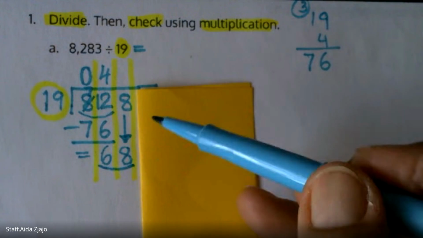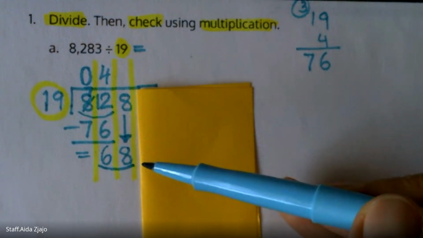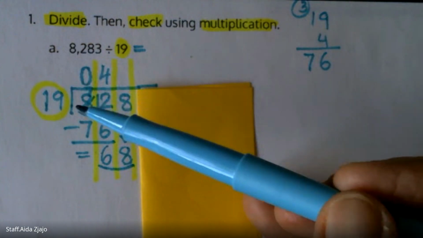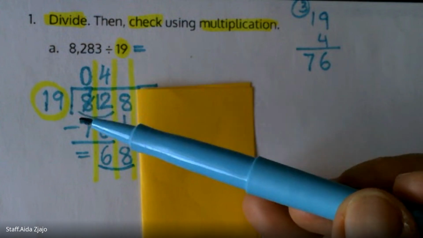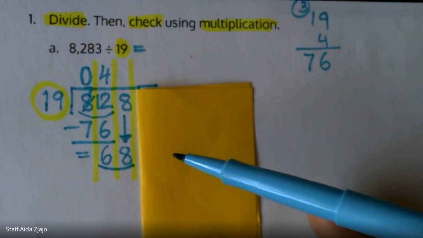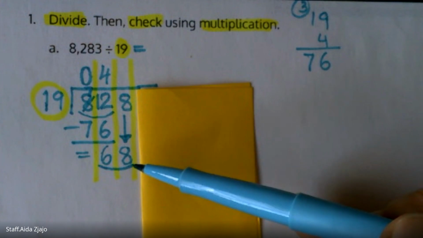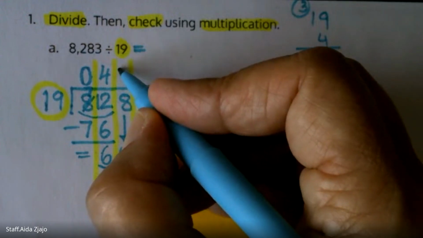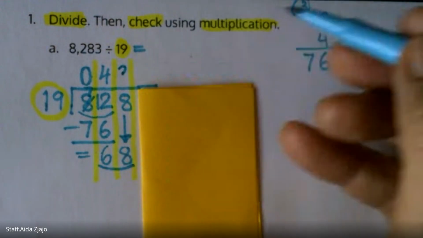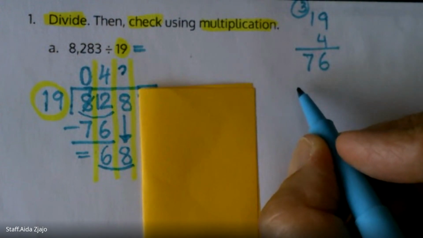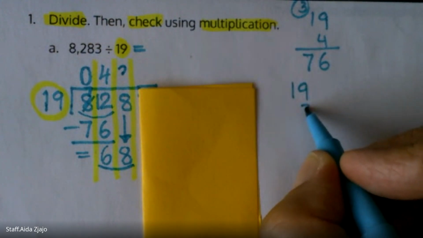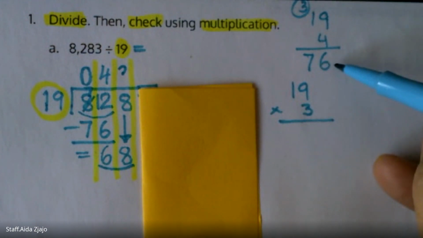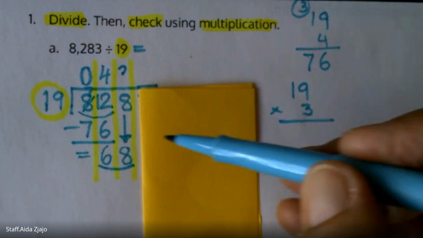How many 19s are in 68? If you round again to 20, you think 20, 40, 60, so that could definitely be 3 times. Let's check 19 times 3, because it's not 76, so it cannot be 4.